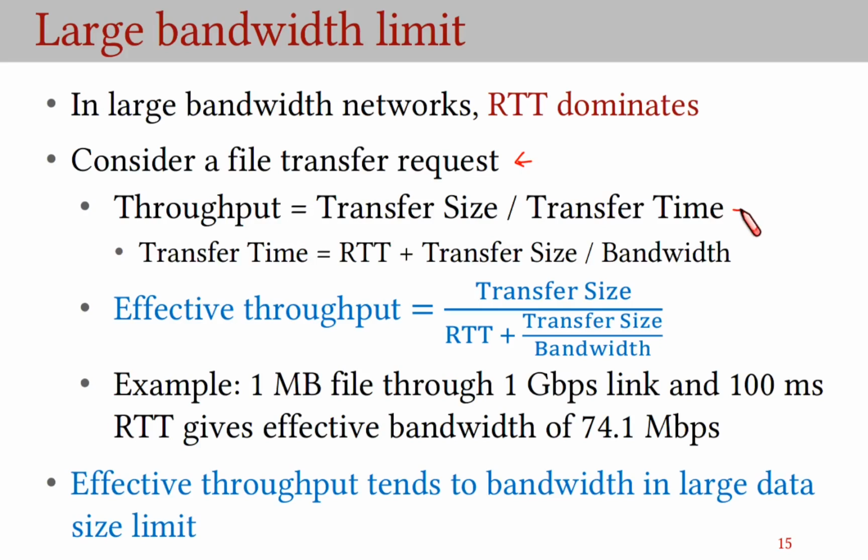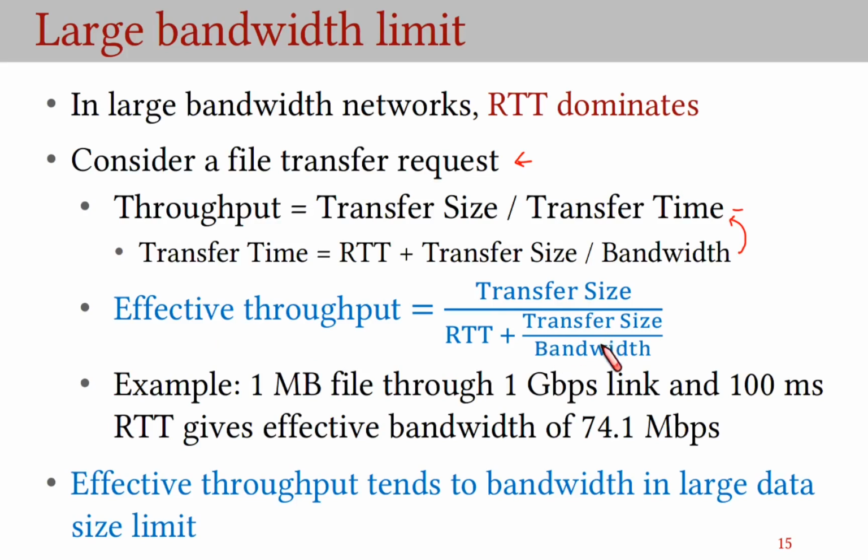Now suppose one round-trip time is spent on requesting the file and setting up the file transfer, and therefore transfer time is equal to round-trip time plus transfer size divided by bandwidth. Now we are going to put this back in the throughput equation, and that gives us effective throughput, and that is equal to transfer size divided by round-trip time plus transfer size divided by bandwidth.